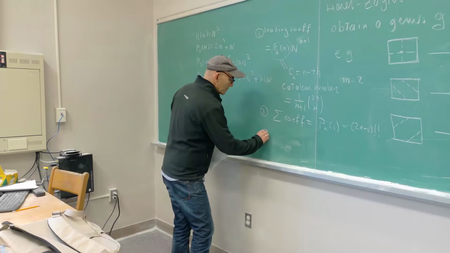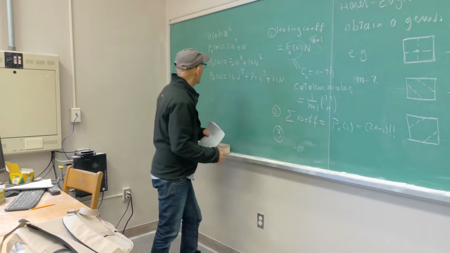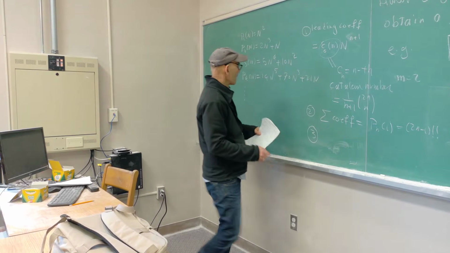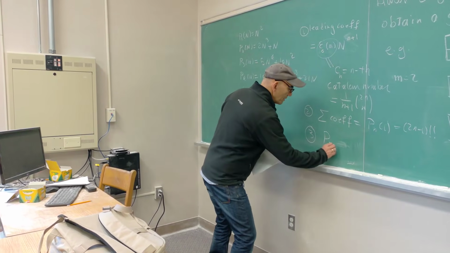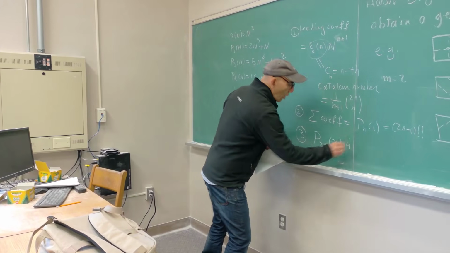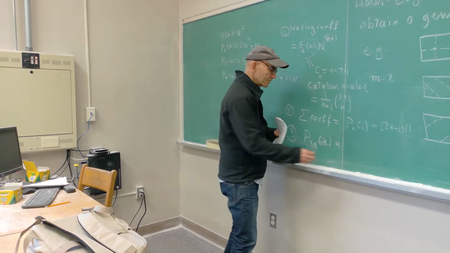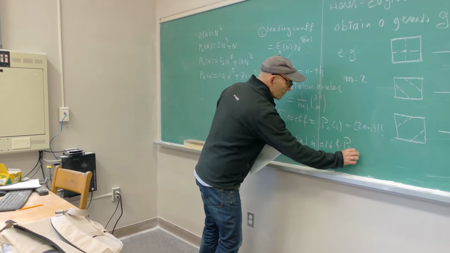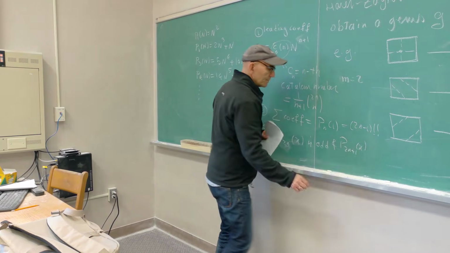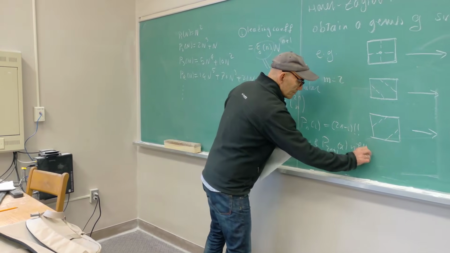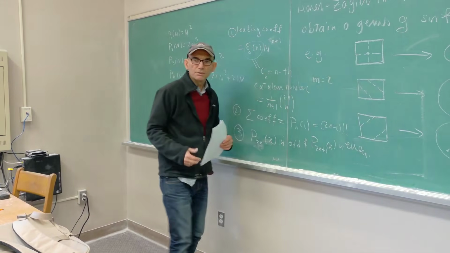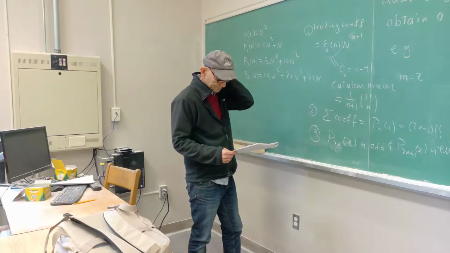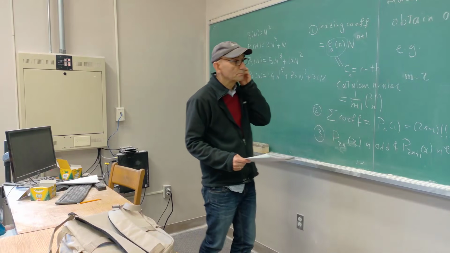And the third observation, which is easy, is that P_{2n}(x) is an odd function, and P_{2n+1}(x) is even. So there's this pattern.